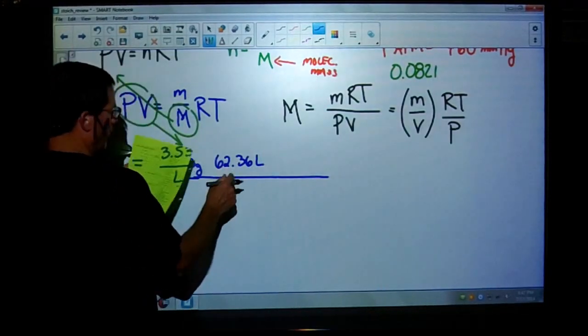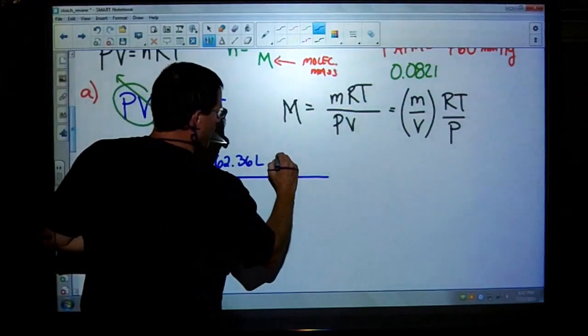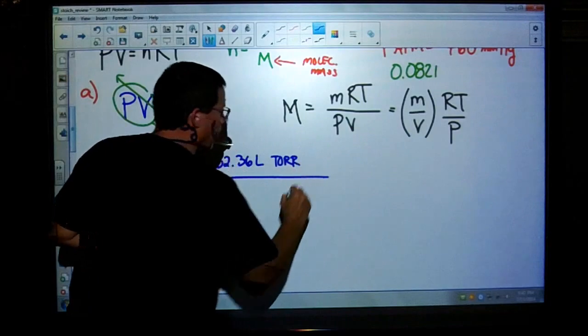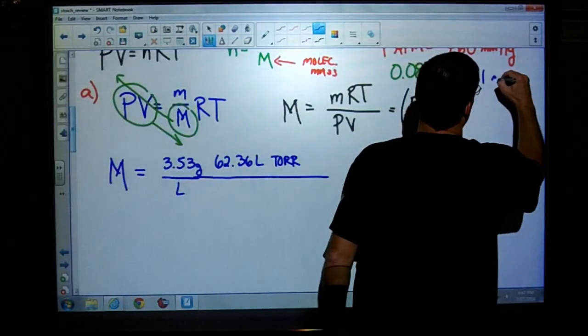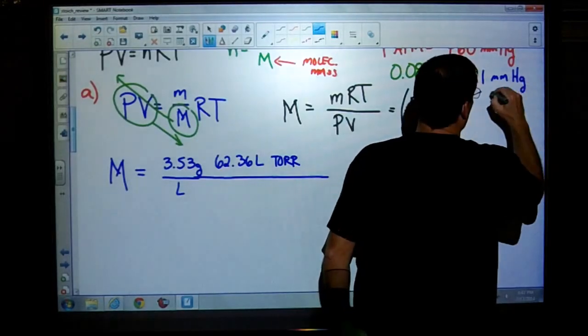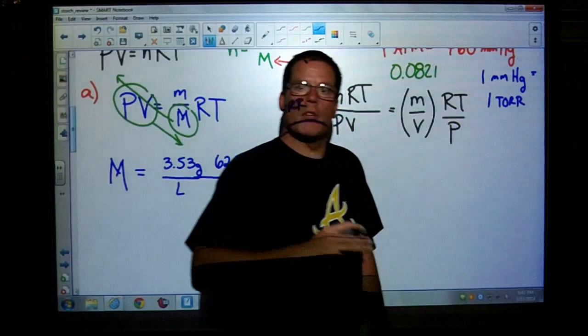So 62.36, and that's liters on the sheet. Torr, now, you're probably going, whoa, torr, it's in millimeters of mercury. Remember that 1 millimeter of mercury is equal to 1 torr pressure. So that is acceptable.